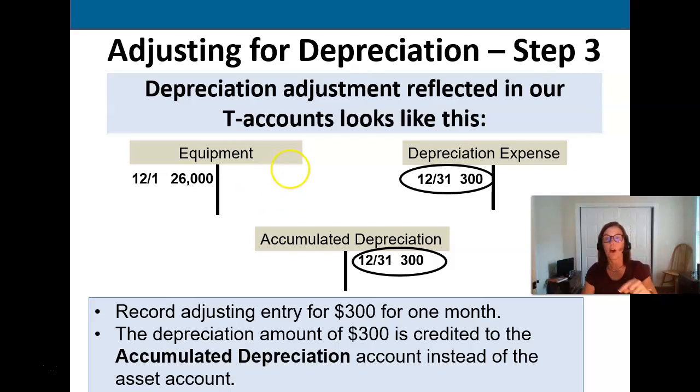Meanwhile, over on the expense side of the equation, we're going to record $300 of depreciation expense. And that's the way that we account for the portion of the item that we have used up, the portion of the cost that we've paid that we've used up. But again, we've also got this asset of equipment over here. We can't leave that at its full value, so we offset that by accumulated depreciation of $300.